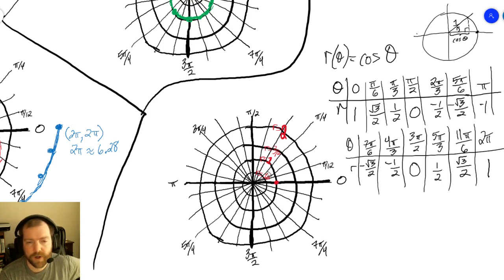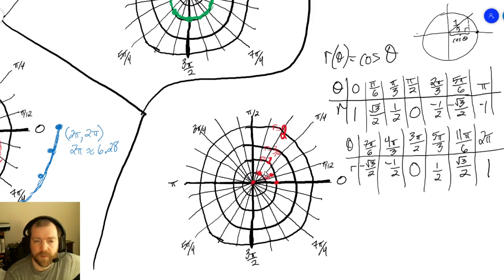So half, 3/4, and that's about 7/8? We'll call that good enough. At pi over 3, we get a value of 1/2. And at pi over 2, we get a value of 0. So we go back to the origin.